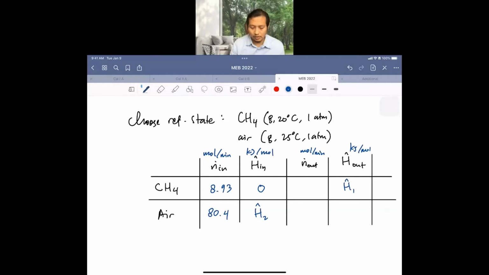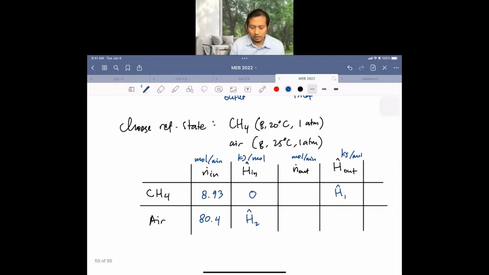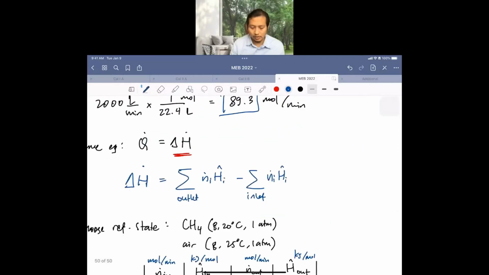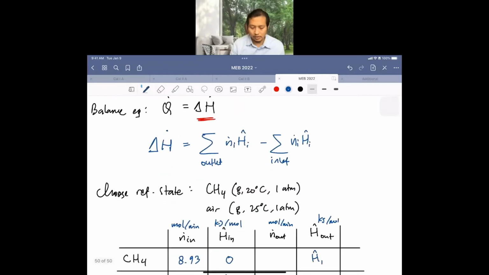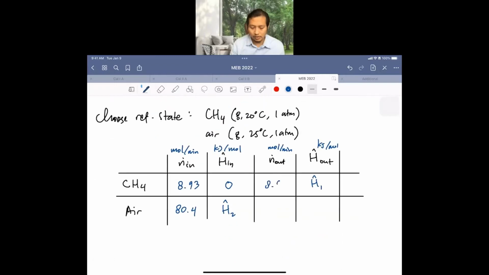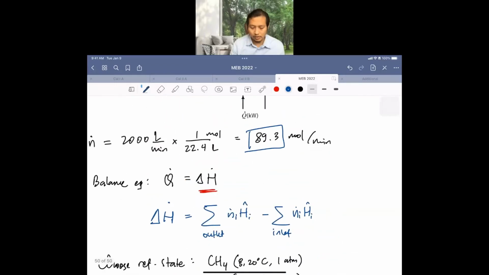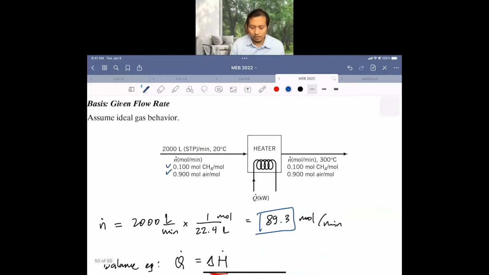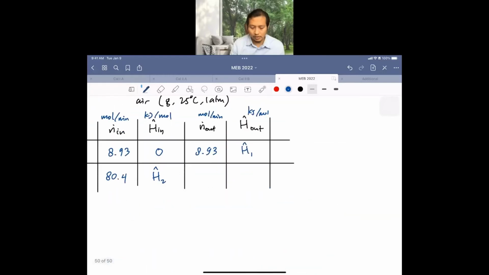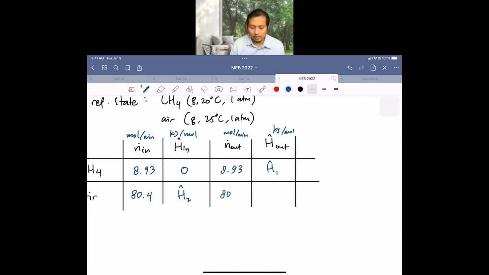And then for the mole outlet, nothing changed in the information, so we could just take it the same as the diagram. And this is also the same. And we have the third enthalpy.